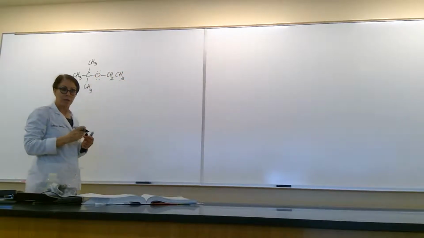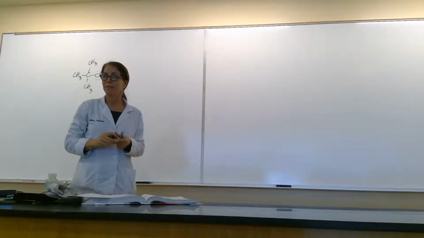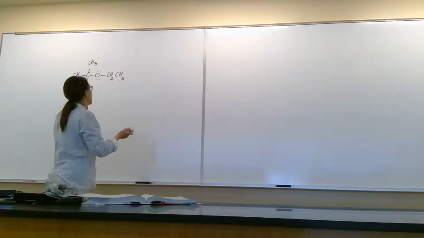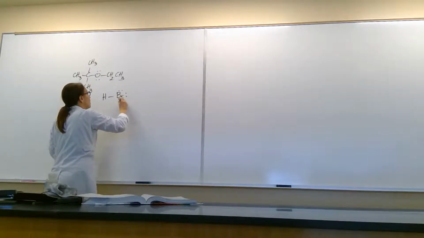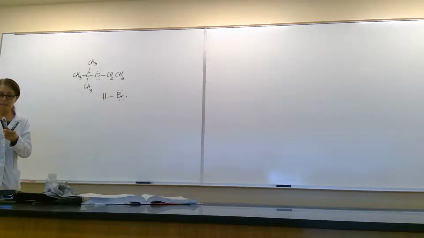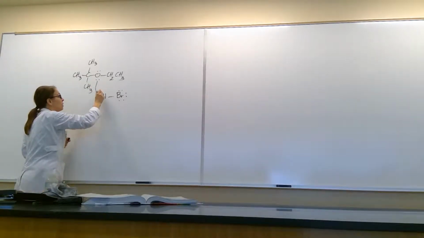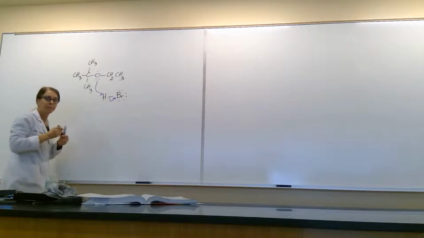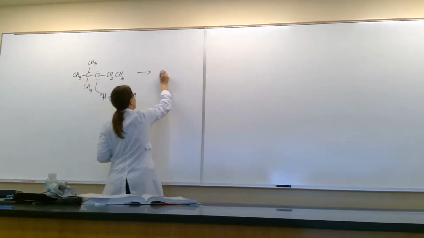So this is an ether, and we add a halogen. So what should happen first? Protonation, absolutely, because that's the only possible thing to do. We have an acid with an oxygen. So first step is protonation.